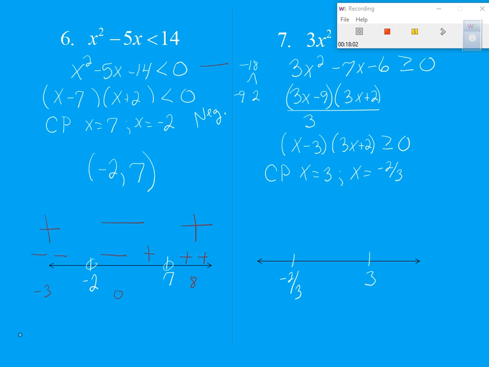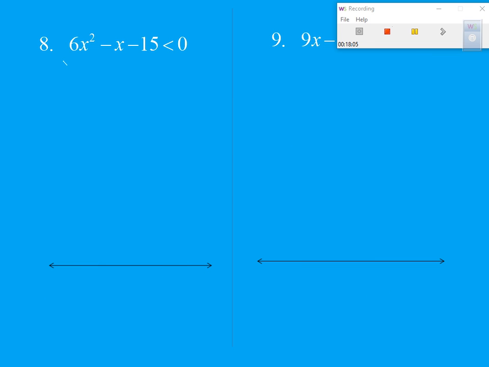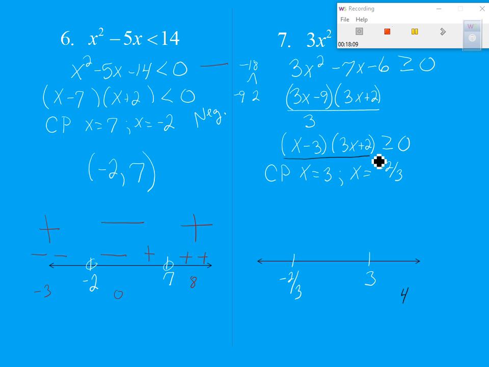So I'm going to pick a number greater than 3, so I'm going to pick 4. Remember, you're going back to your parentheses every time. 4 minus 3 is positive. 3 times 4 plus 2 is also positive. This positive number times this positive number will give me a positive number.